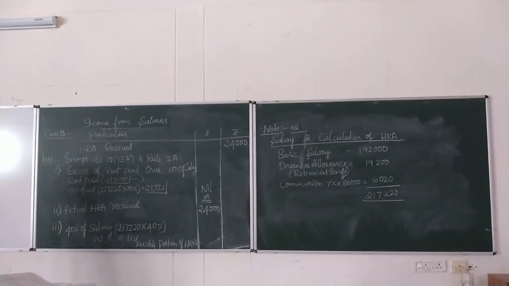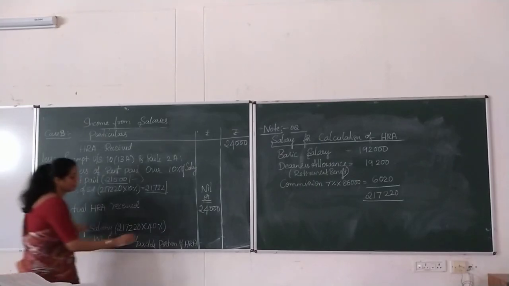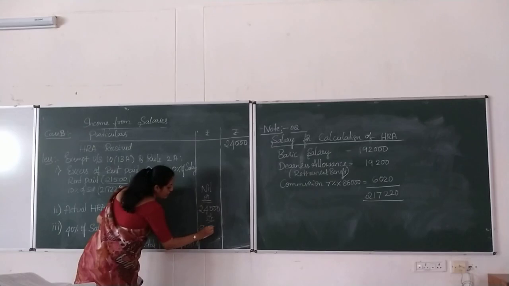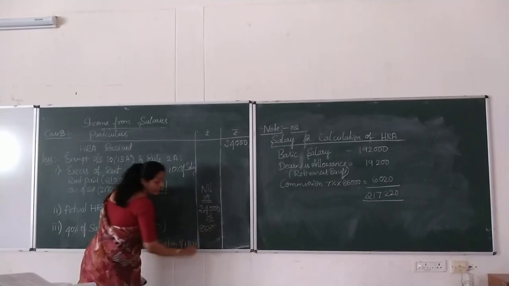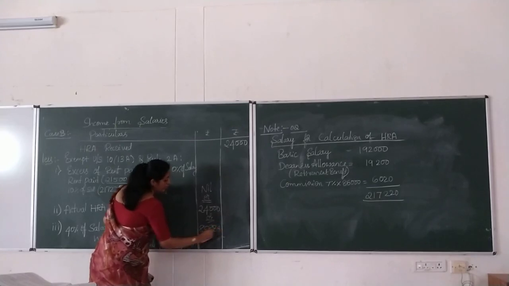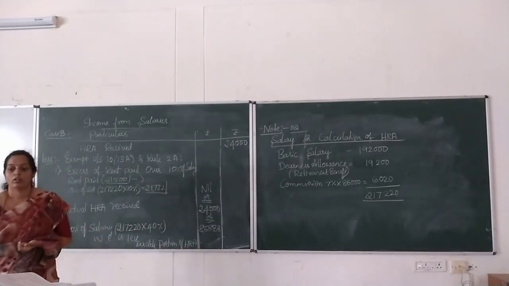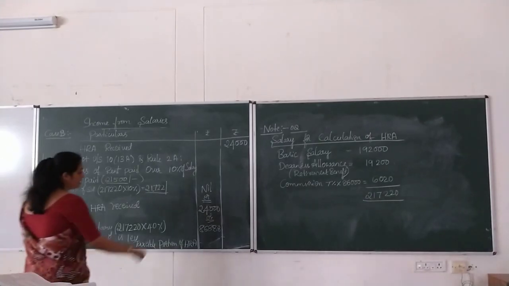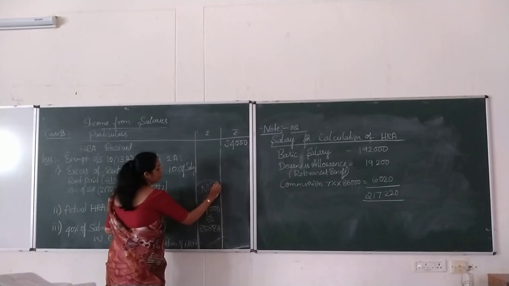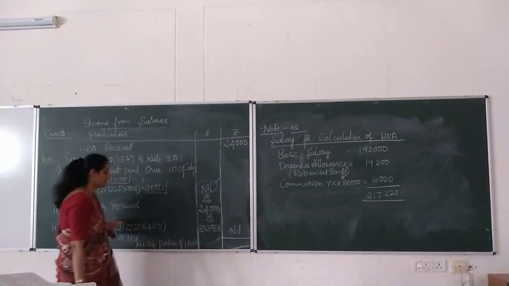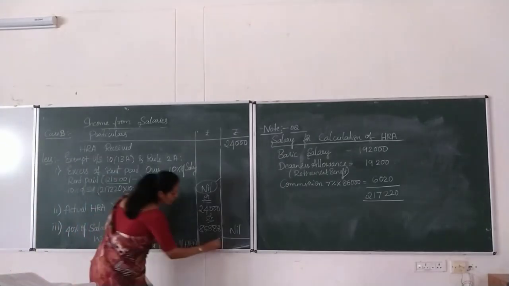How much? 86,888. Simple. Okay. So whichever is least, that is taken. So that is nil, and total taxable HRA is 24,000.